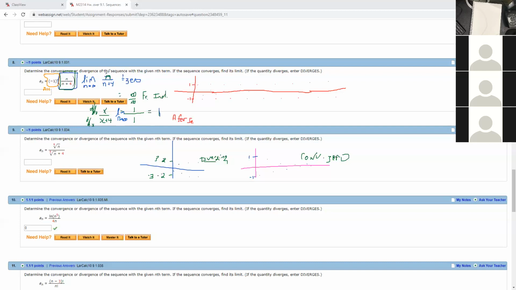So this part only, the terms are getting closer to 1, but this part means it's alternating. Half of them are getting closer, not to -2 or -3, but to -1, and the other half is getting closer to 1. Does that part make sense right there, class?